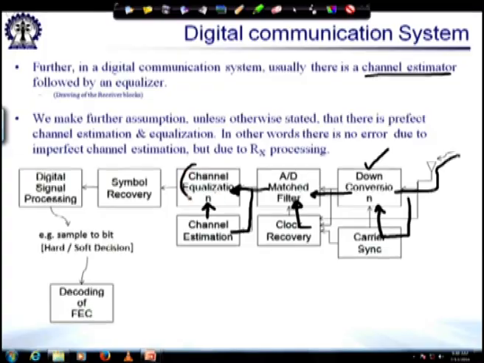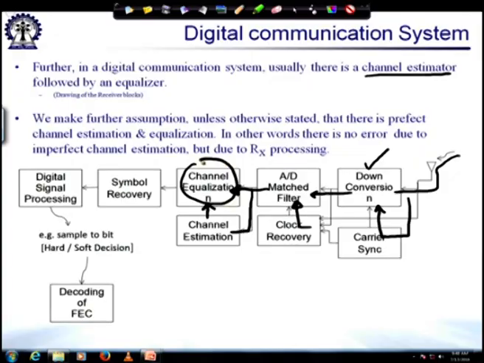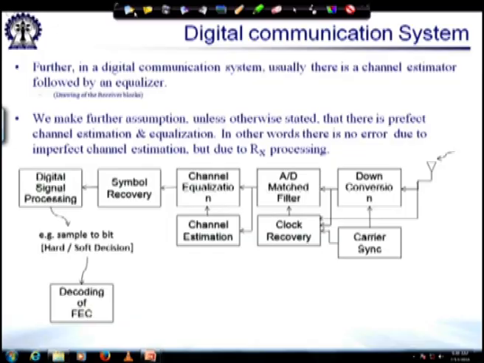This channel equalization effectively removes all distortion that is brought by the channel. The signal, which is filtered and has all anomalies removed, is sent for symbol recovery. This could be through ML or any other technique, followed by digital signal processing, for example hard decision or soft decision of bits, followed by decoding of the forward error correction code. The important assumption that we make in this particular course is that the channel estimation is perfect.